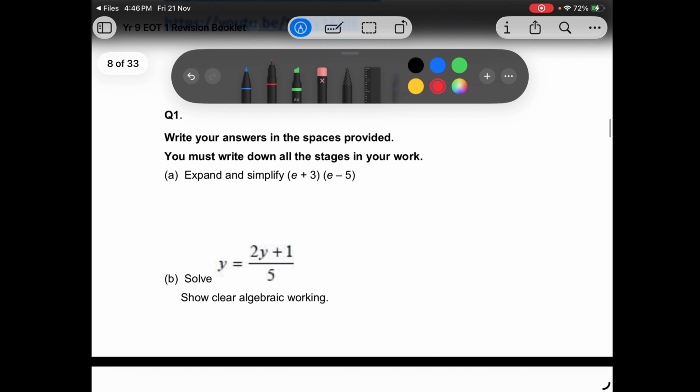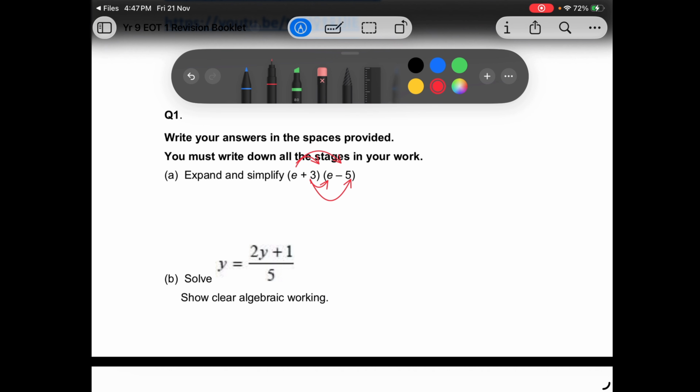So we'll multiply these two linear factors, two linear guys, and I have e plus 3 and e minus 5. We can multiply them, okay? Like this, we can multiply the first with the first, then the first with the second, then the second with the first, and the second with the second, okay? So let us do it one by one.